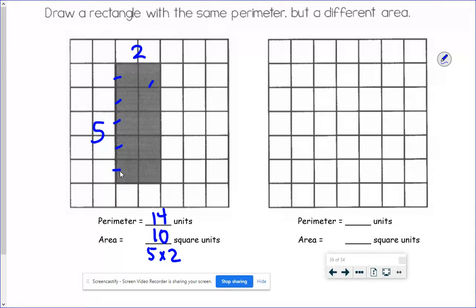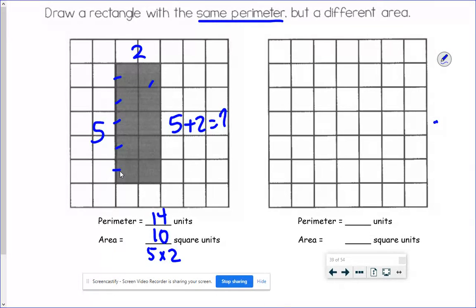So if we want to draw a rectangle over here on this side that has the same perimeter but a different area, we want to come up with numbers that added together give me 14. Well, over here we were finding half of 14. That's 7. That way you find 2 of the sides. Other number combinations to make a 7, we need just 2 of the sides of the rectangle.